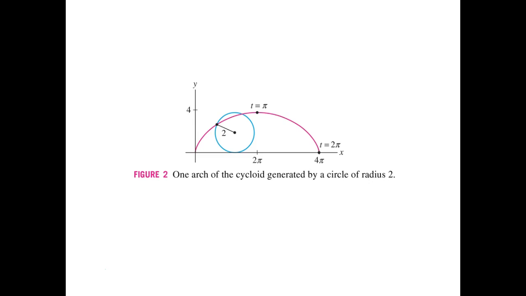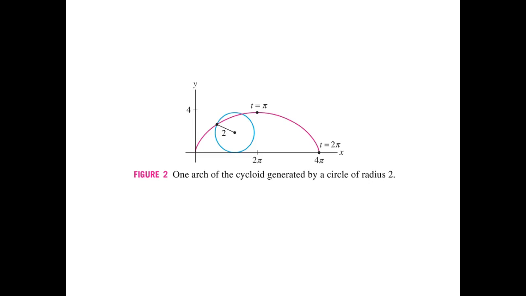Here's the picture. Now, where this blue ball started, roll it back this way. This dot here was at the origin. As the ball begins to roll, the dot moves up in a fashion like this.